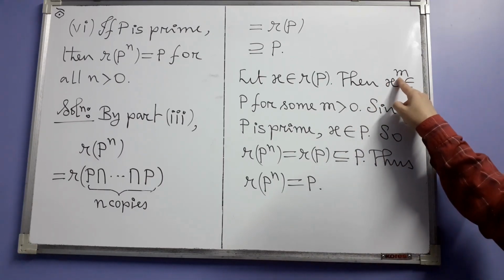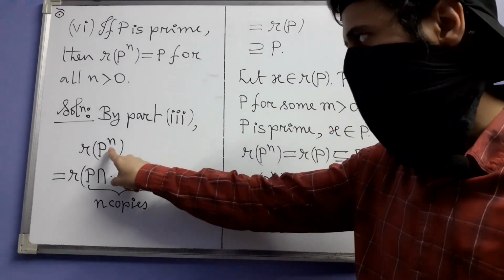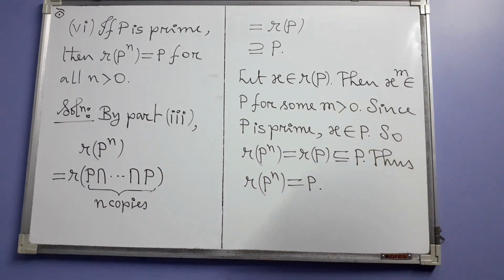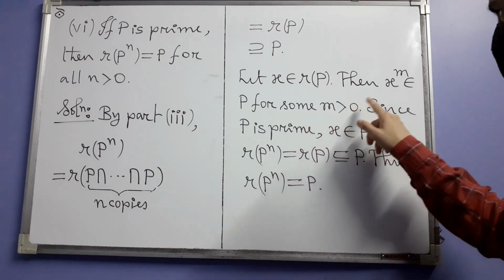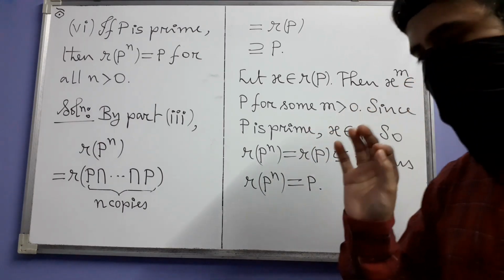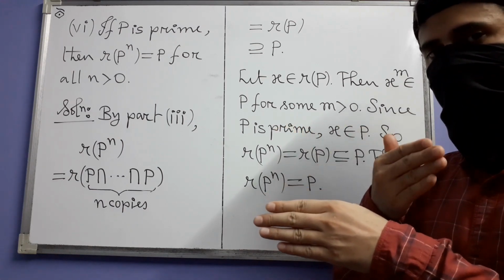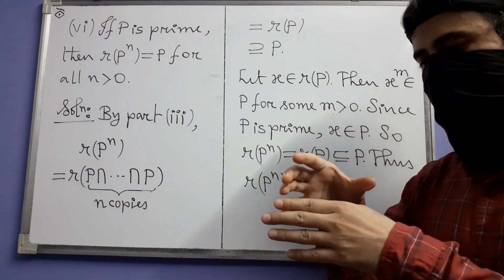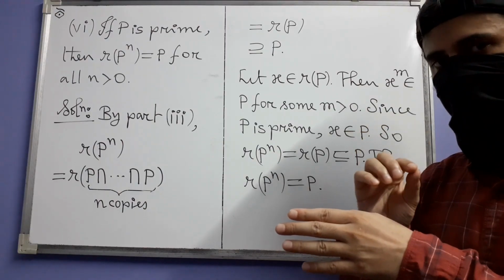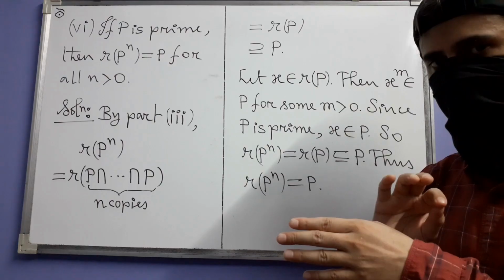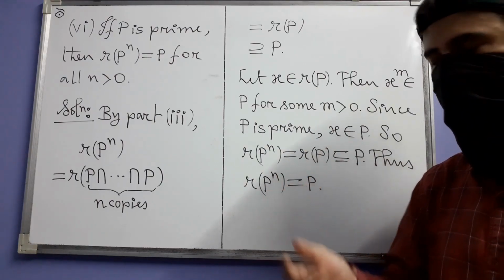Do not put n here, okay, because n already is being used here. So you put something else, say m. But x to the power m belongs to P. So x to the power m is the product of m copies of x, and when such a product belongs to a prime ideal, then at least one of the factors has to be in the prime ideal, because that's what prime ideal means.